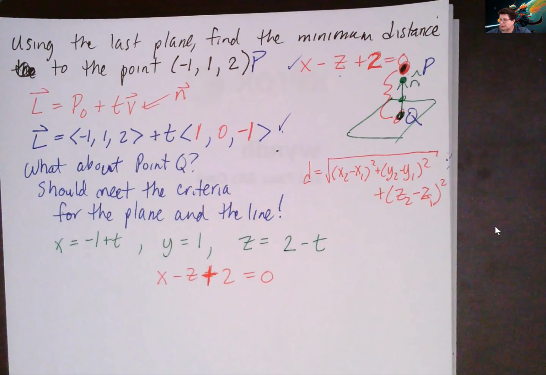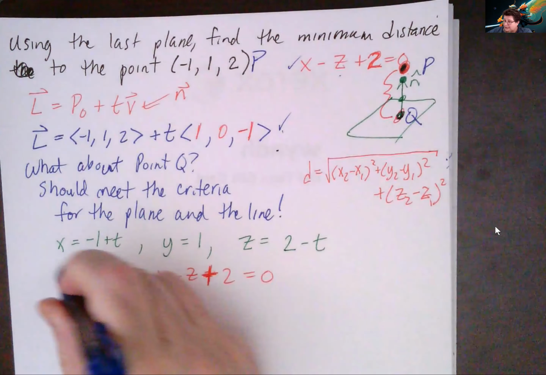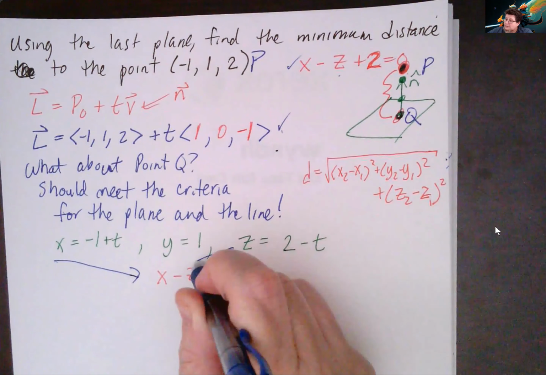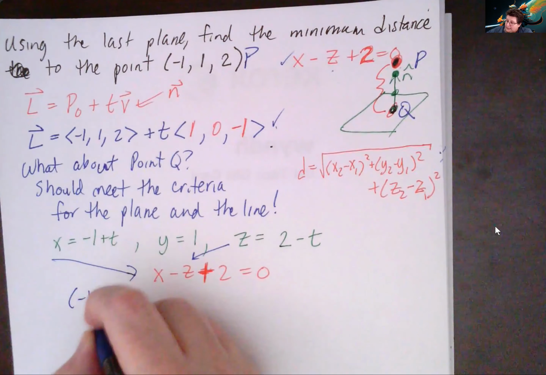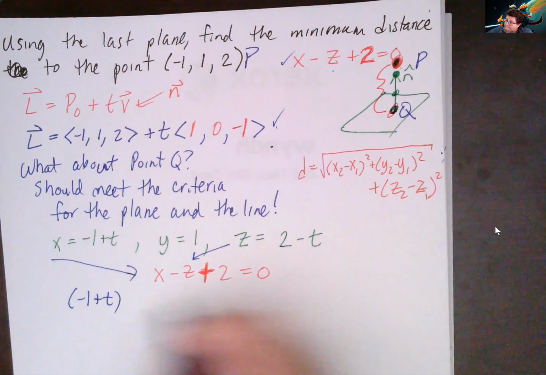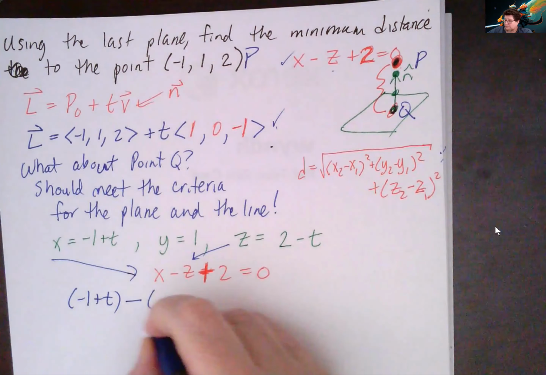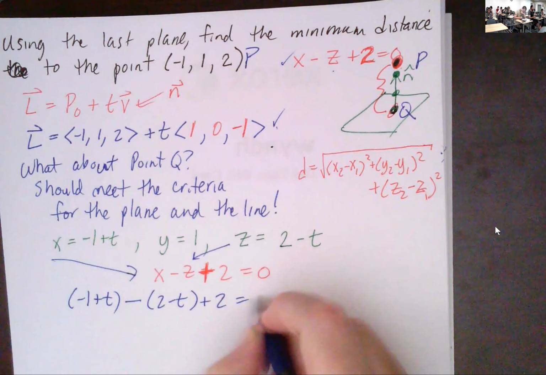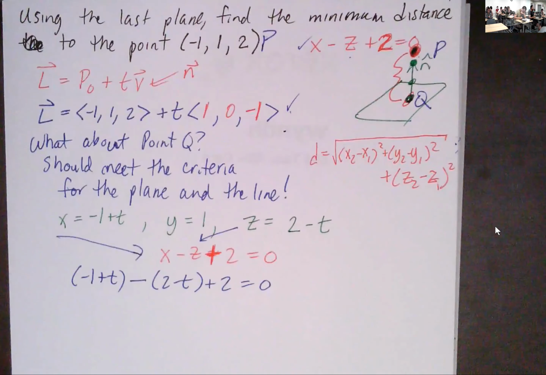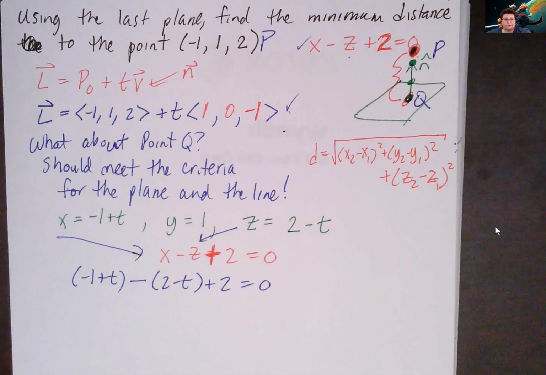It looks like I can get everything down to just time if I make some substitutions. So let's plug in x there and z there. I don't need the y component, that doesn't come into play. And now I could solve for time, right?